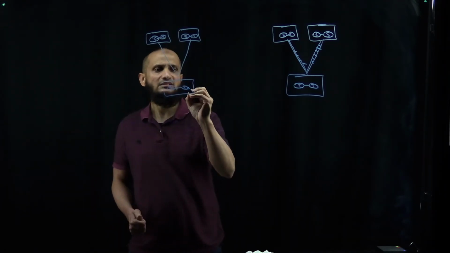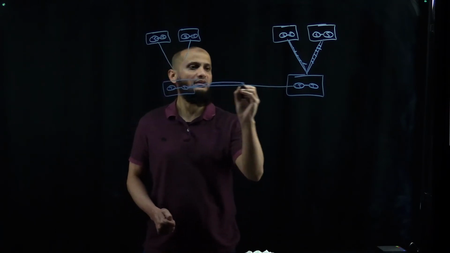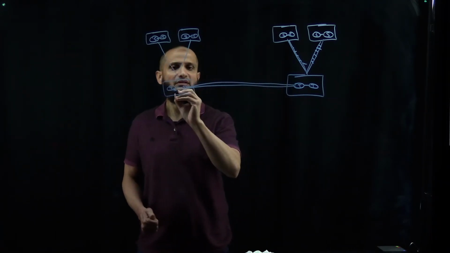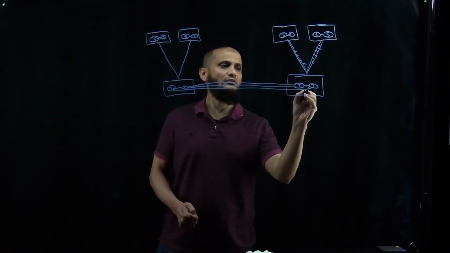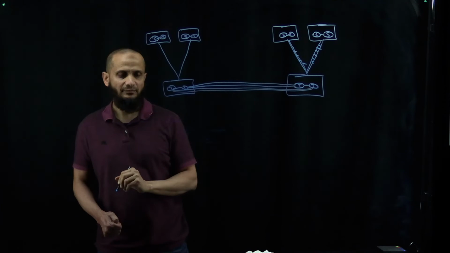And then these transit-to-transit connectivity, these are also like 4 connections over here, right? So this is all ActiveMesh over here.